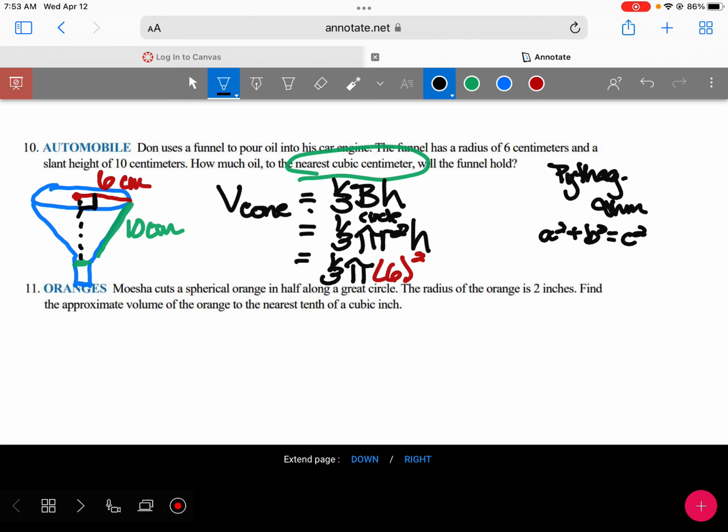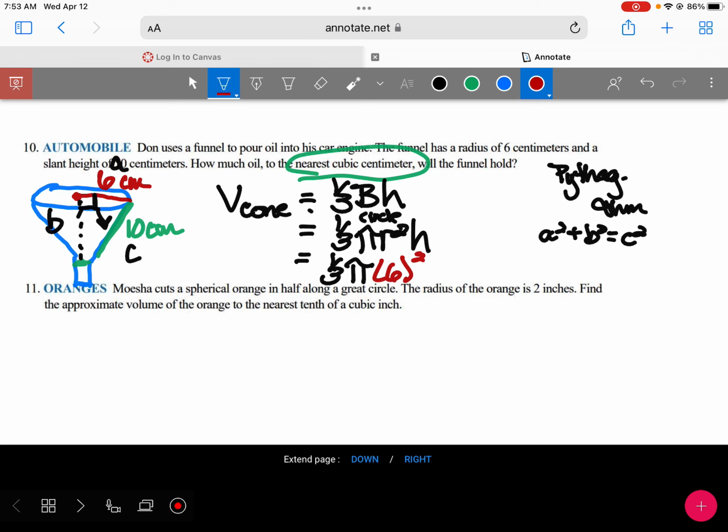So my a, I'm going to make 6. This is going to be my b. C is always the side that is across from the 90-degree angle. C is always the largest side of a right triangle.